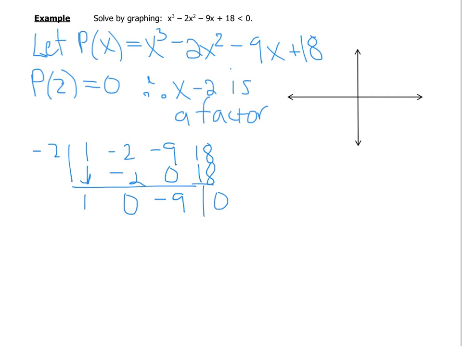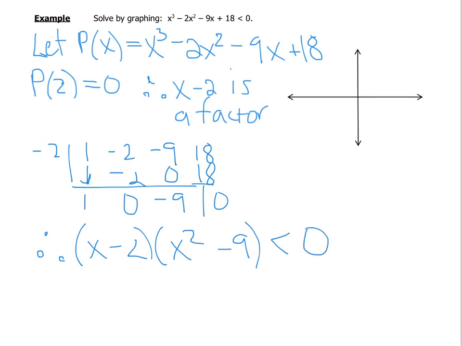So what do we have so far? We have x minus 2 times x squared minus 9, and we are looking for when is that less than 0, when is that negative. We can factor it a bit further.